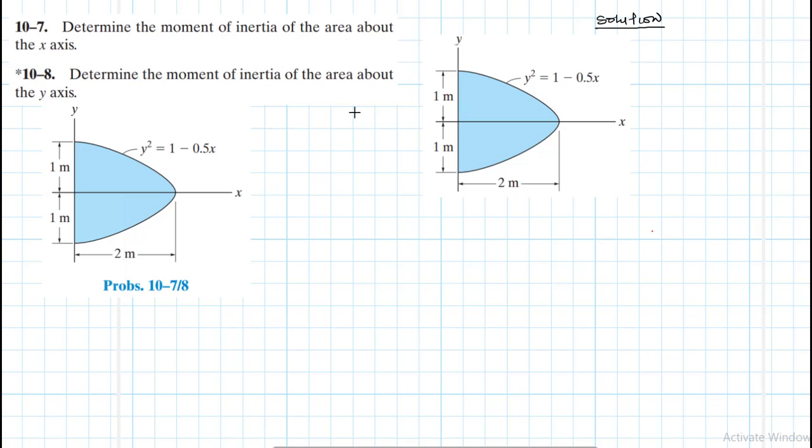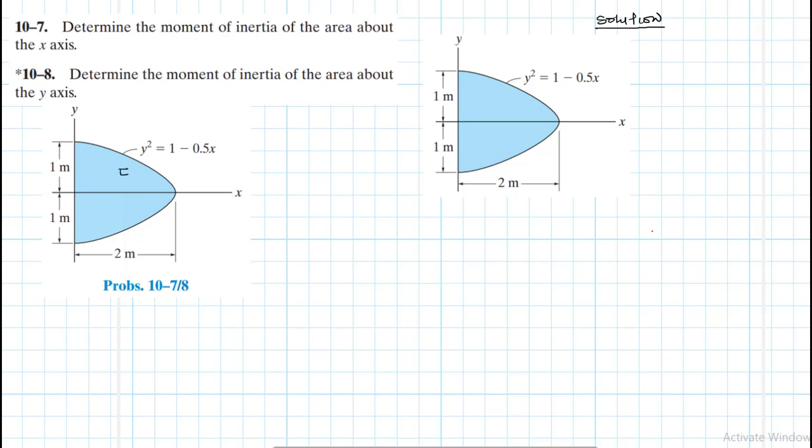The main uses of moment of inertia, as an example in one discipline, structural engineering, are calculating the deflections of beams, buckling loads of columns, and so on and so forth. And let me describe it quickly mathematically.